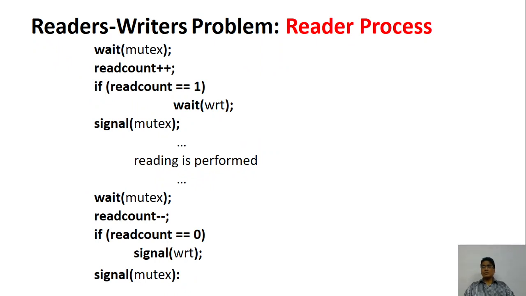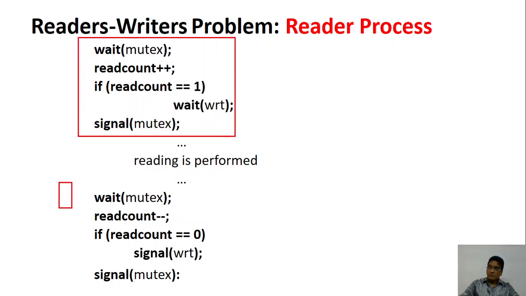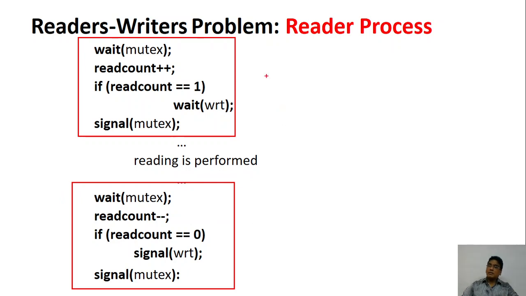What about readers? Let's look at the first one, the reader. If you look here, there are two sections, two places where the readers are locking. This is one lock, wait and signal. Look at this, another lock, wait and signal. Wait means you are locking it, signal means you are unlocking it.